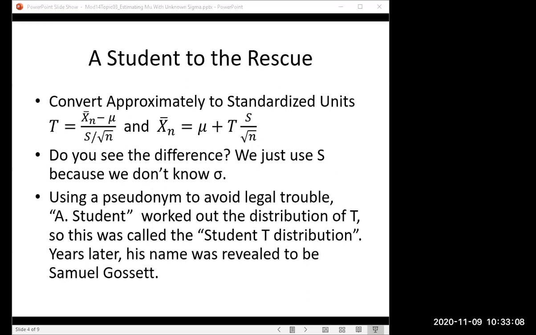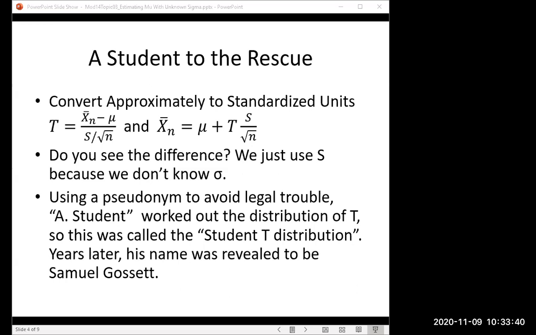But it's okay, because we have a sample, and we can get the sample standard deviation S. Sigma is the population standard deviation. S is the sample standard deviation. And so the idea is, instead of making the Z statistic, we're going to make the T statistic. The T statistic is exactly the same thing as the Z, but with the S instead of the sigma.